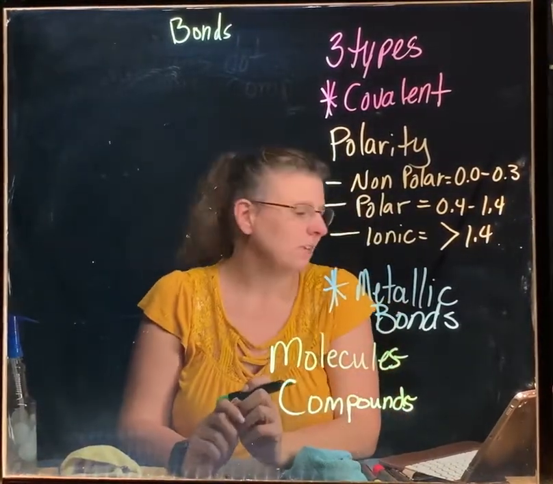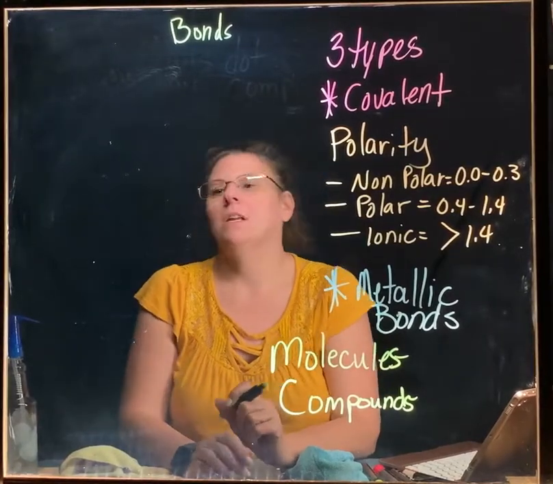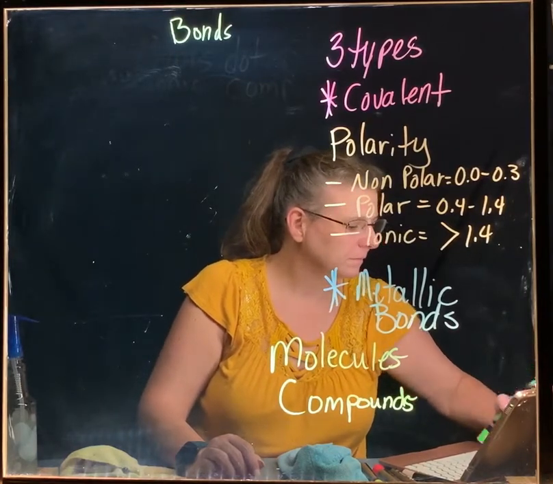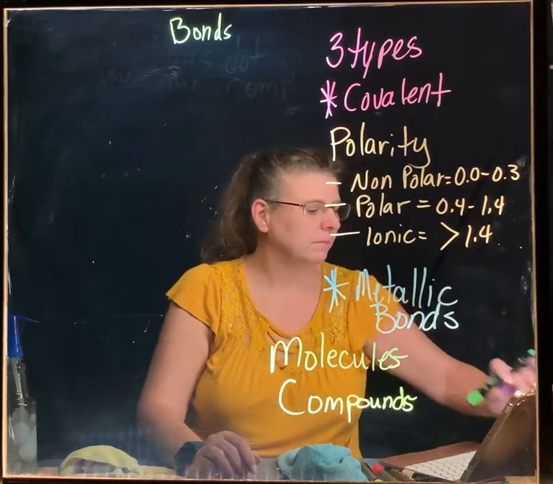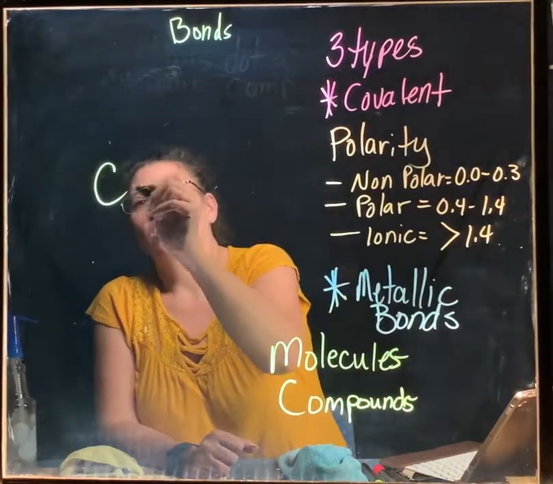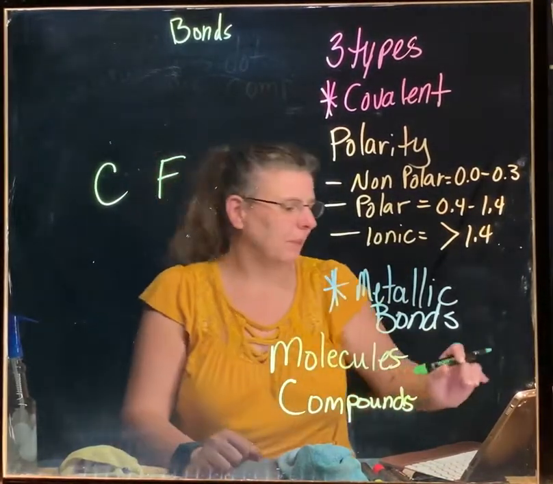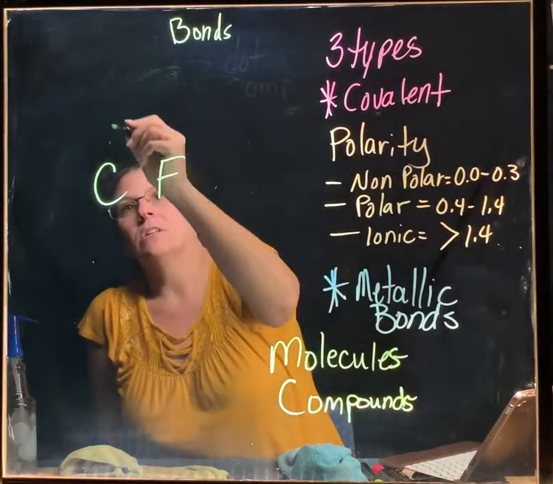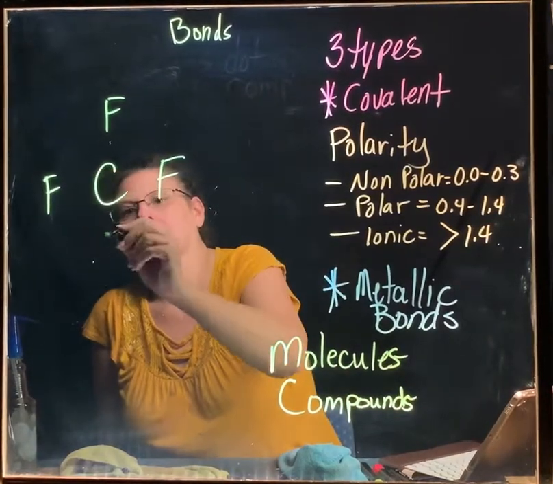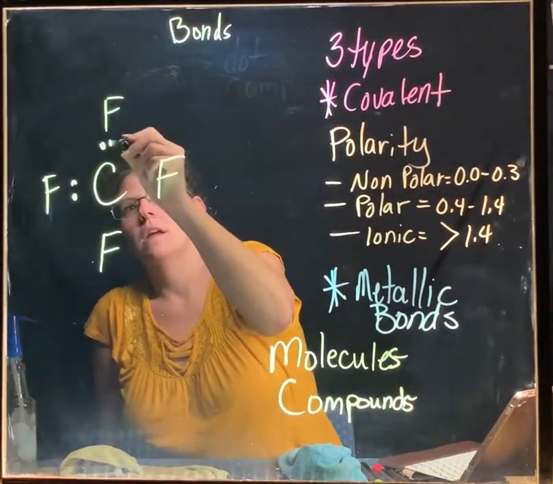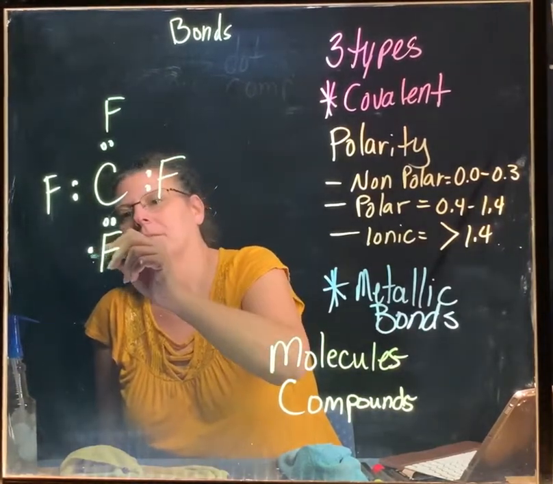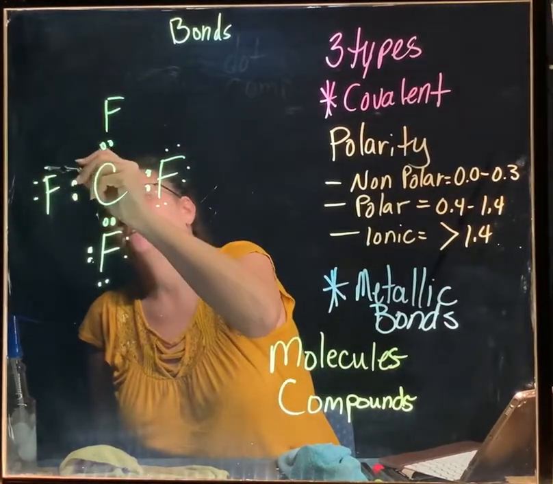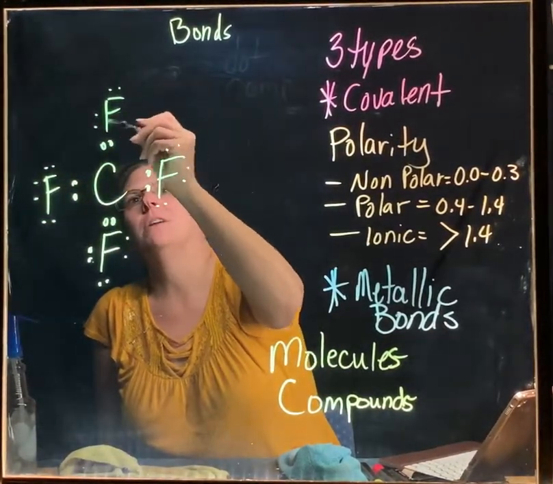Okay, so let's do another one. Let me go back to my other one here. Let's take carbon and fluorine. Remember the Lewis dot structure for this we did in the last video, and it looked like this, where we had 8 dots around the fluorine and 8 dots around each carbon.